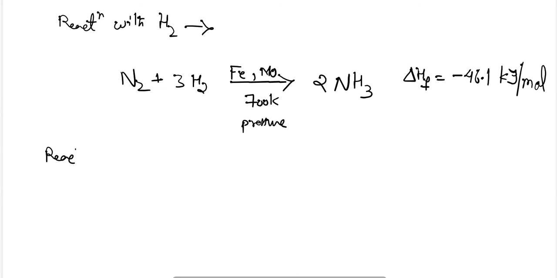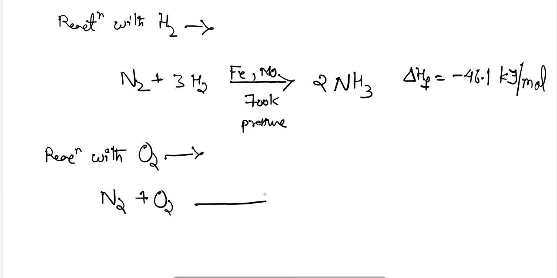Reaction with O2: how will they react with dioxygen? So N2 plus O2 at a very high temperature of 2000 Kelvin, nitric oxide will be formed, and the heat of formation here is 135 kilojoule per mole.